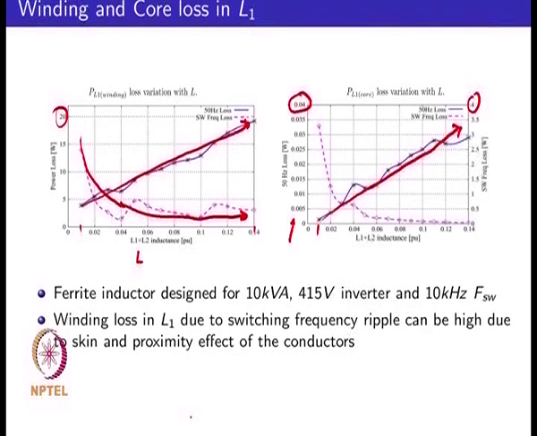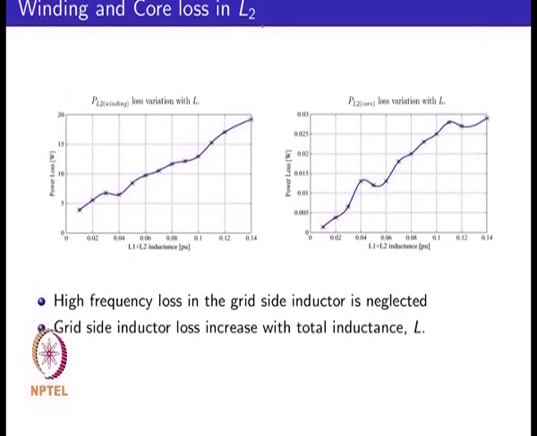So this is for loss in inductor L1. You could then do a similar analysis for inductor L2. If you look at the inductor L2, we know that your ripple current in the grid, Ig ripple at the switching frequency, is specified as 0.003 per unit.